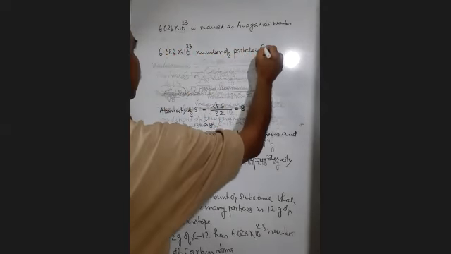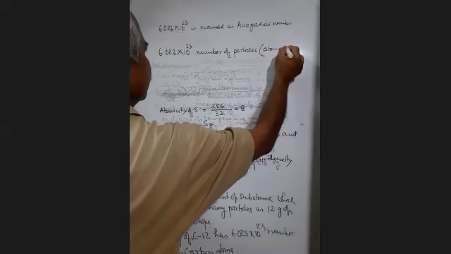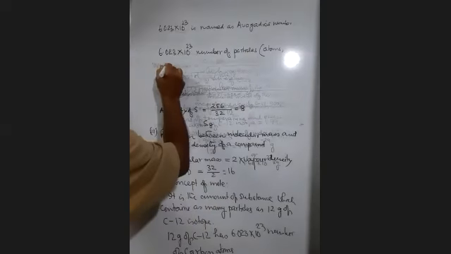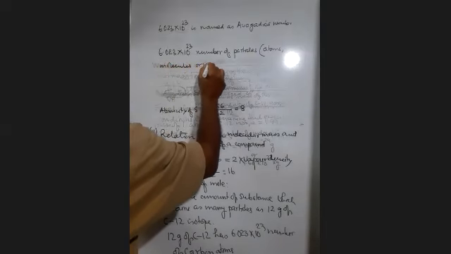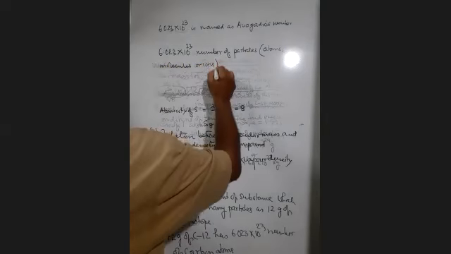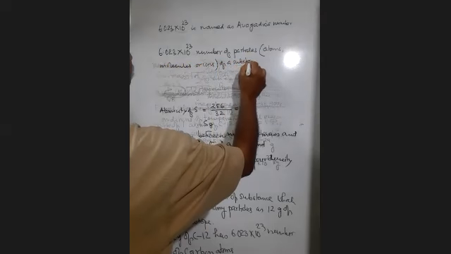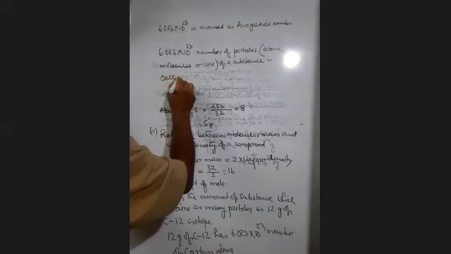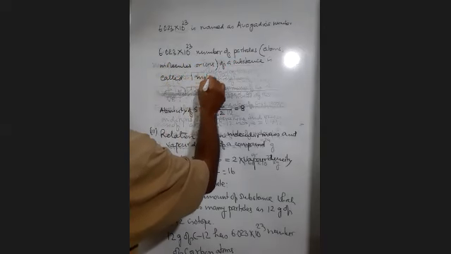Okay, I'll write here atoms, molecules, or ions of a substance is called 1 mole.